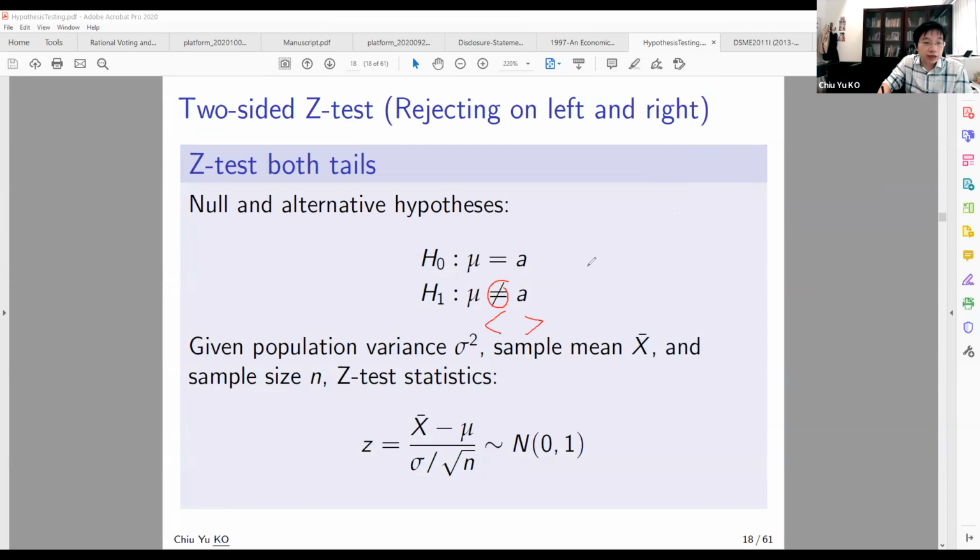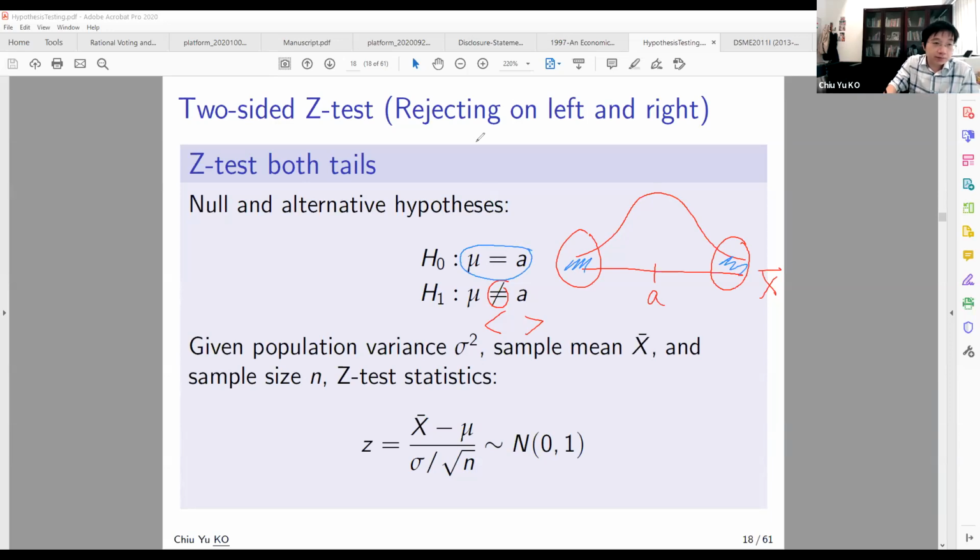Say this is A, and we want to reject on both ends. Why is that the case? Just to remind you why you want to reject if you're too far away from A on both sides: accuracy is very important. You have to be exactly at A, otherwise it will be problematic.